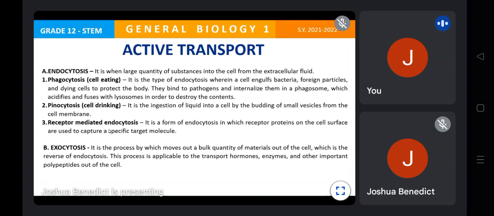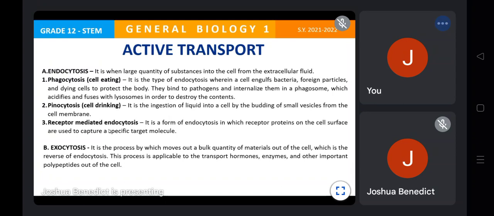And lastly, there's exocytosis, nilalabas. Ano ang nilalabas ni cell? The cell moves out bulk quantity of materials outside the cell, which is the reverse of endocytosis. Naglalabas naman siya ngayon. Ano yung nilalabas niya? Hormones, enzymes, and other important polypeptides outside the cell. So halimbawa, the female body produces the hormones estrogen and progesterone.